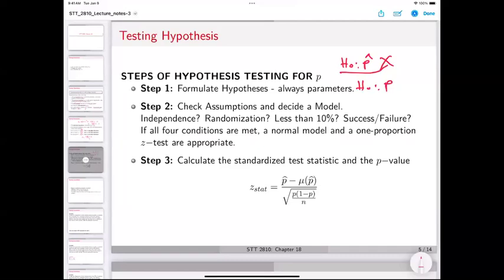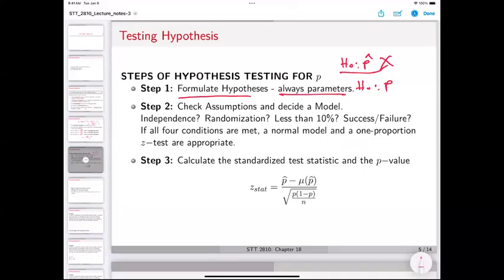The steps involved in testing the hypothesis for proportion. The first step is we formulate the hypothesis. That is step 1. Step 2, we check the assumptions. We have already spoken about these assumptions in chapter 16 for proportion, and for the sample mean, we spoke about them in chapter 17.